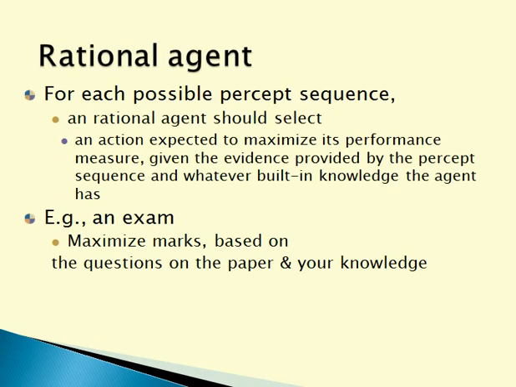Rational agent: for each possible perceived sequence, a rational agent should select an action expected to maximize its performance measure, given the evidence provided by the perceived sequence and whatever built-in knowledge the agent has. Example, an exam: maximize marks based on the questions on the paper and your knowledge.